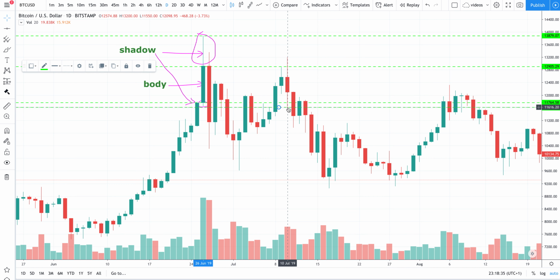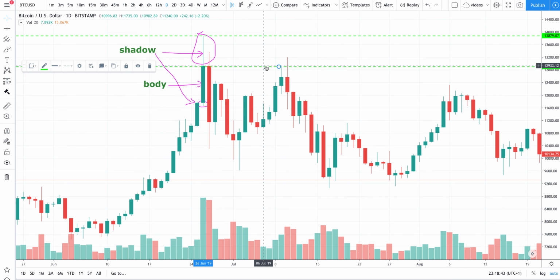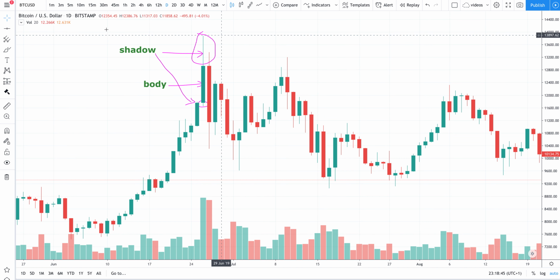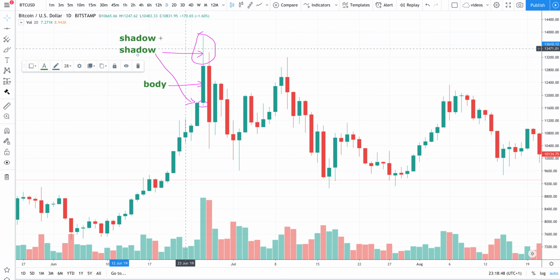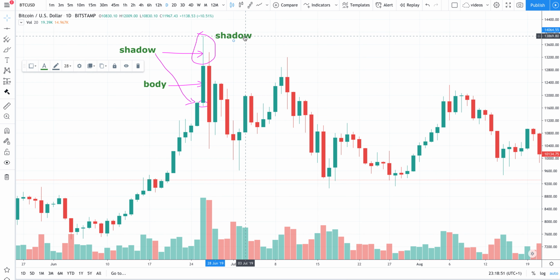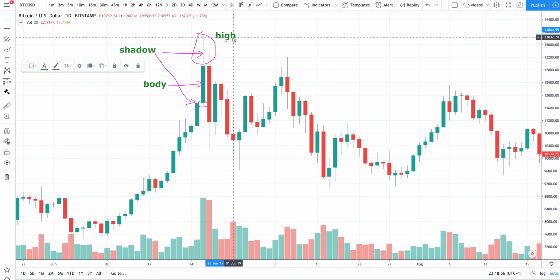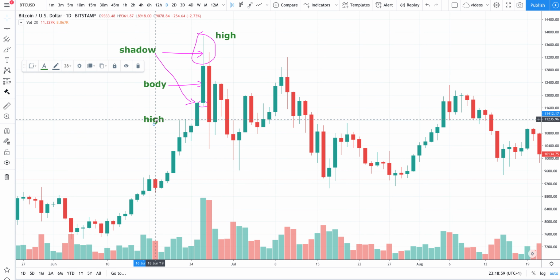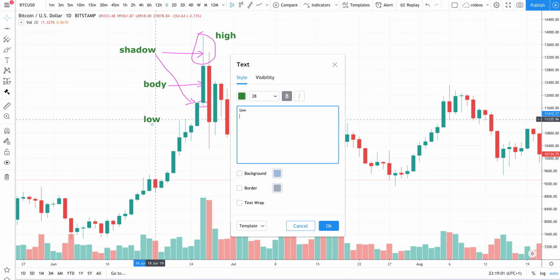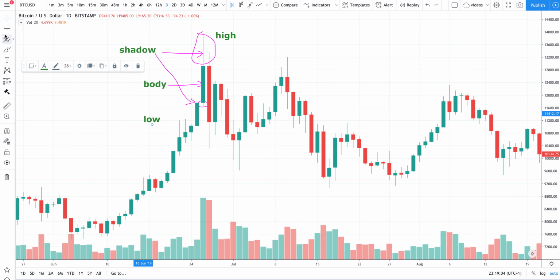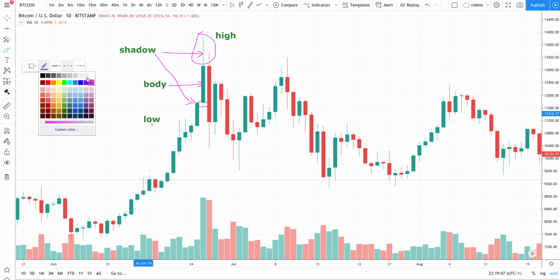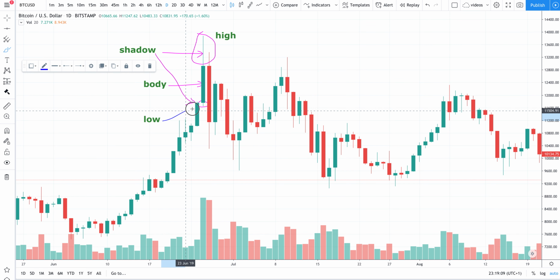Okay, we are just describing the real basic elements of the candle. Okay, so let's just write it down. This point is the high, while this is the low. Okay, let's use a different color for the low.